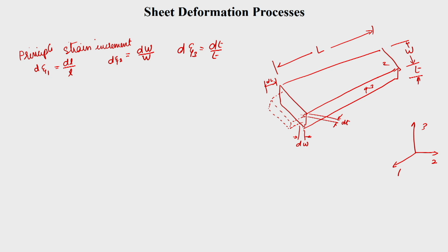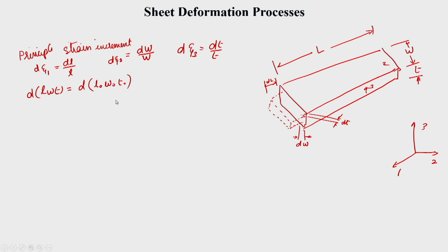So, if you assume the constant volume relationship, that means d of L W T remains constant. At any instant this is equal to the initial value L0, W0, T0.